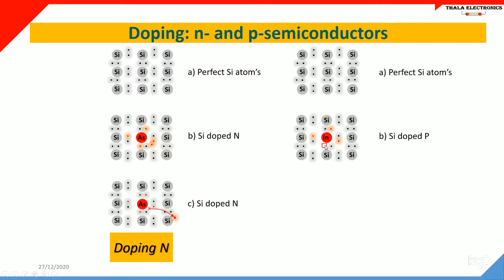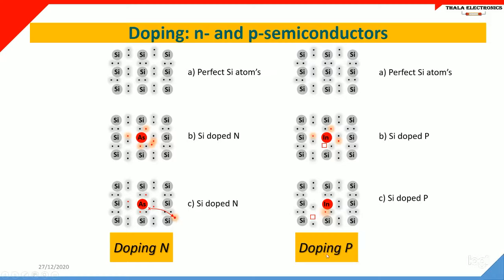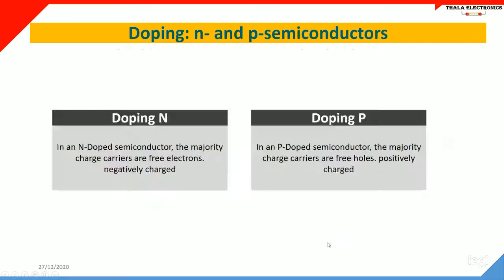That means we have 1 free hole. With a very low energy, this atom can accept incoming electrons from other atoms, as we can see here. That is what doping P means.